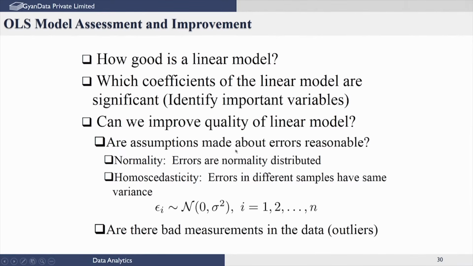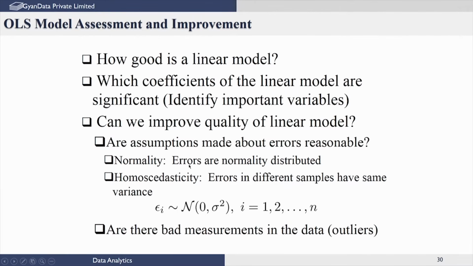Only this assumption can actually justify the choice of the method of least squares. We also assume that the errors in different samples have the same variance. This is called homoscedasticity assumption. So, we are assuming that the errors in different samples are also having the same variance.